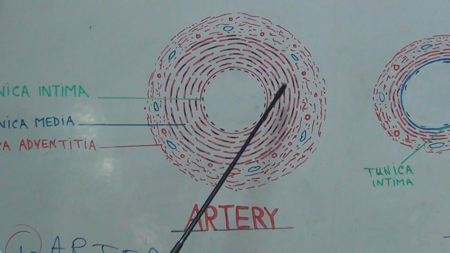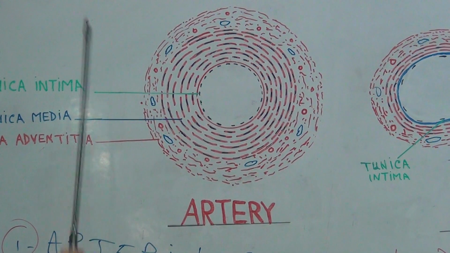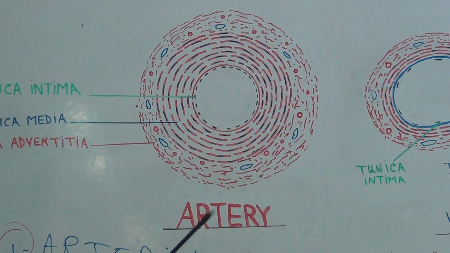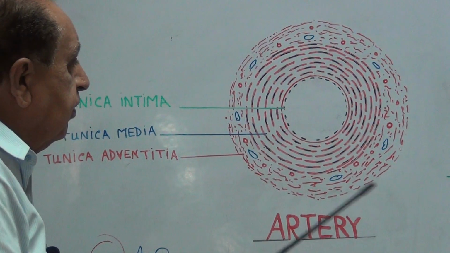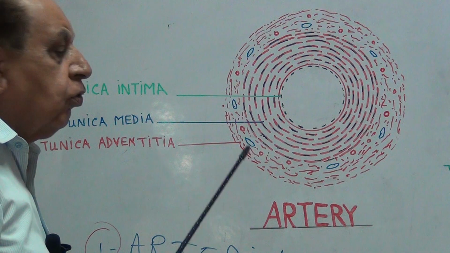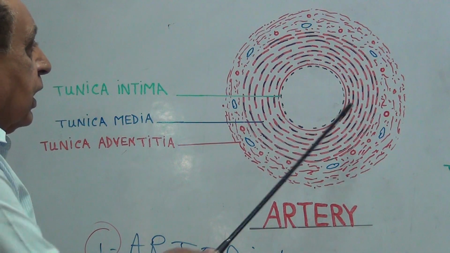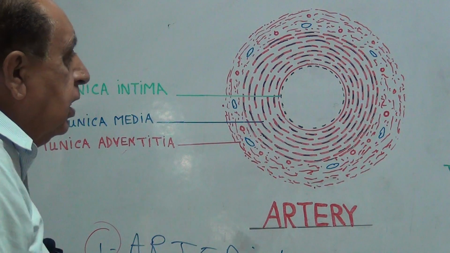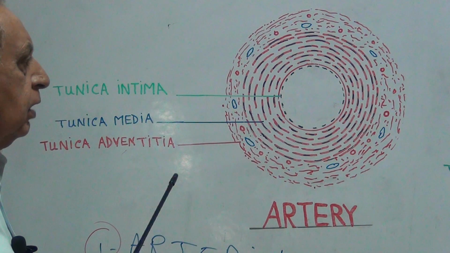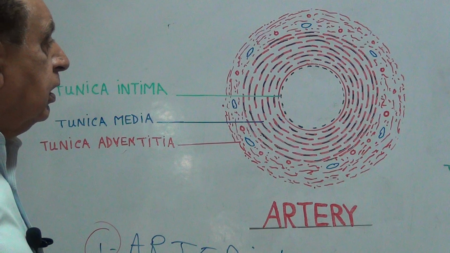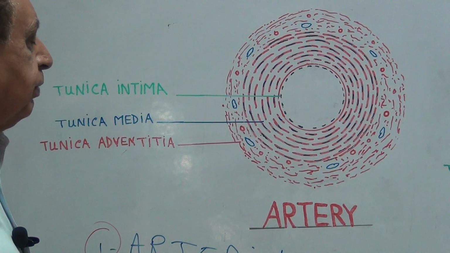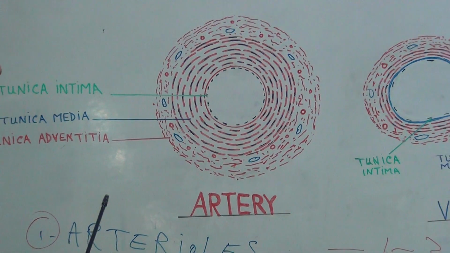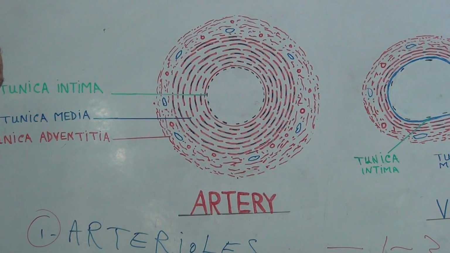It contains many layers of smooth muscle fibers, and also a few elastic and collagen fibers. The outermost layer is the tunica adventitia. This tunica adventitia contains loose connective tissue fibers, blood vessels, and also the nerves.